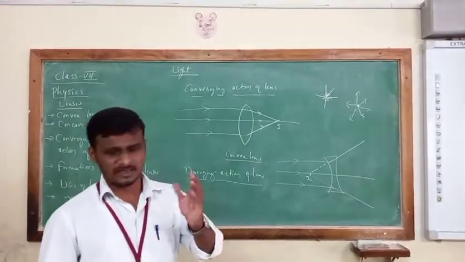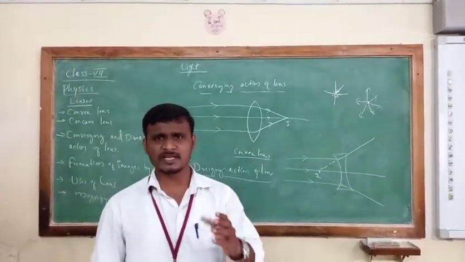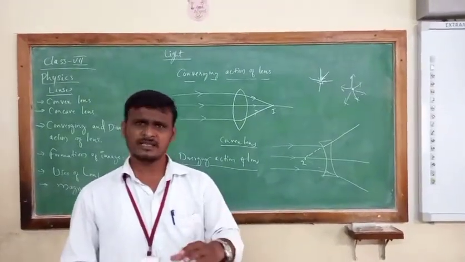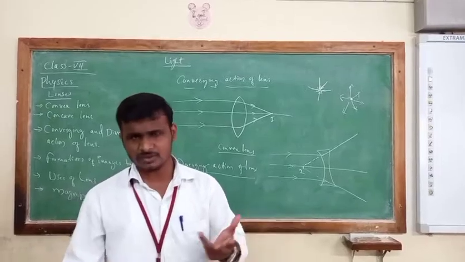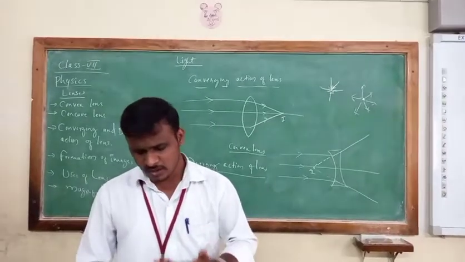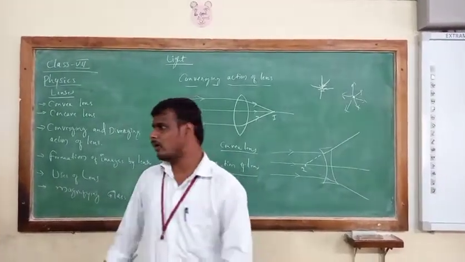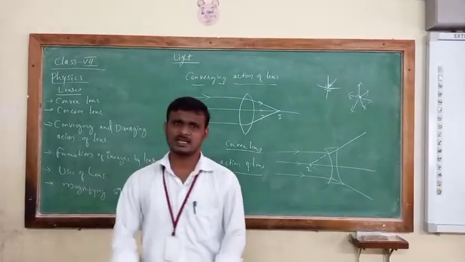So we are able to read whatever is written in small letters. This is what we call a magnifying glass.